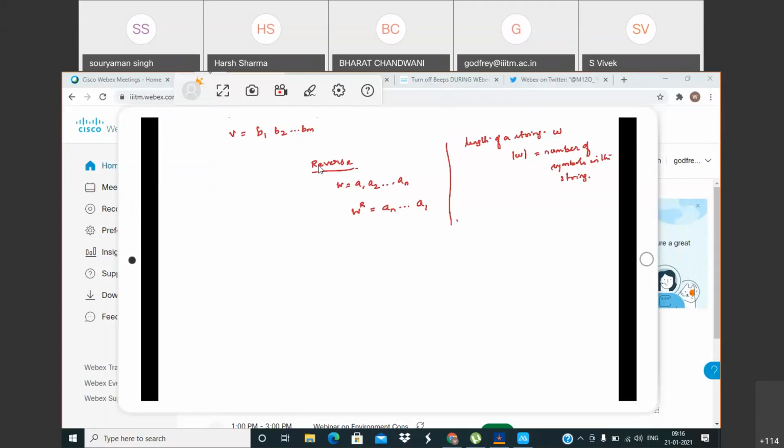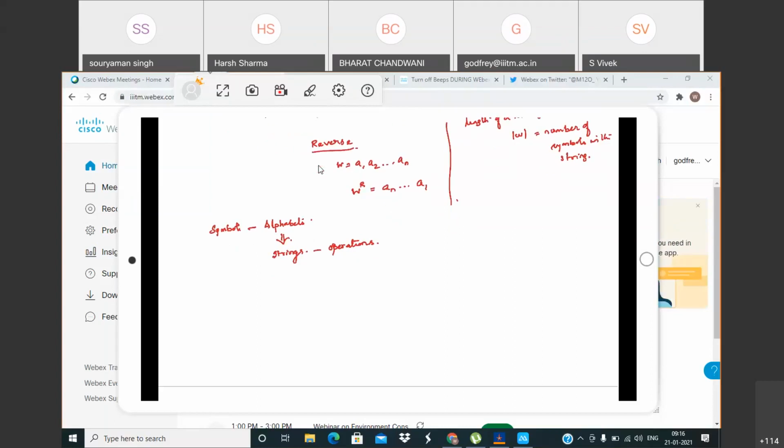Now, so far what have we done? We have defined symbols, or maybe alphabets. From these alphabets we have defined strings. Then we have defined some operations on these strings, and then arrived at the length of the string.